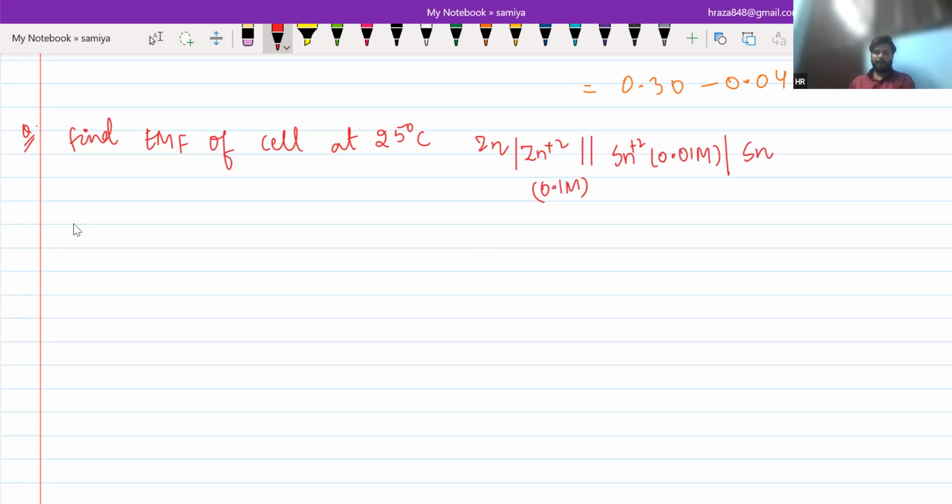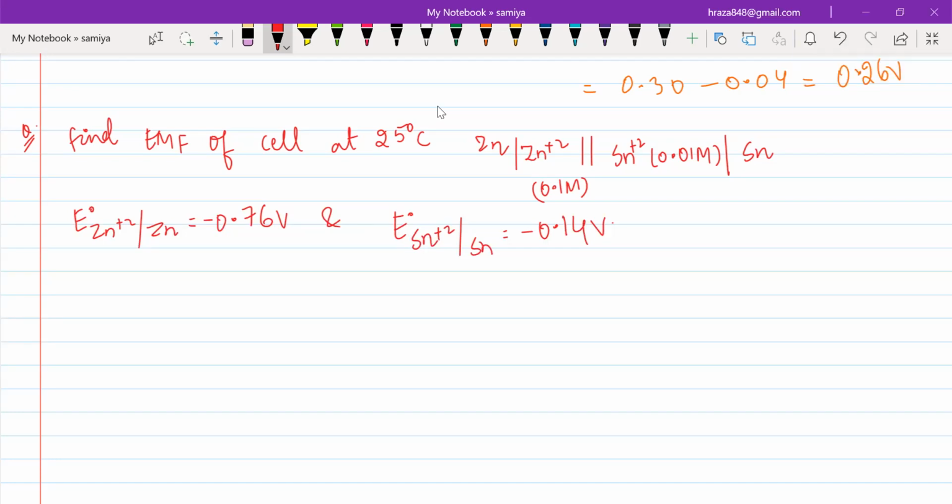It is also given that E naught Zn+2/Zn is equal to 0.76 volt, and it is also given that E naught Sn+2/Sn is equal to minus 0.14 volt. This is negative. Please do this.